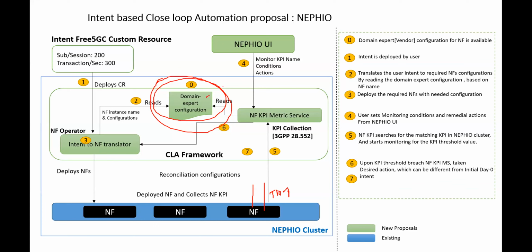Yeah. So what a domain expert will put into the configuration, and this is what we are asking them to put, is that, for example, if I need a throughput of 90%, I mean, as a Samsung or Nokia or any expert will say that to achieve a throughput of 90% in my AMF or whatever the function is, I need so and so resources to always be there.